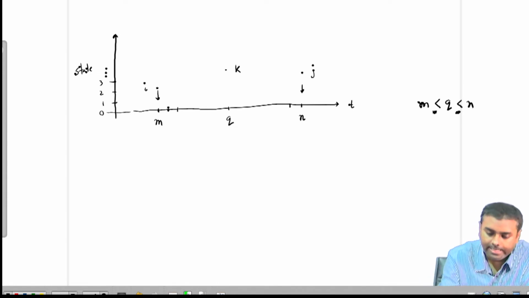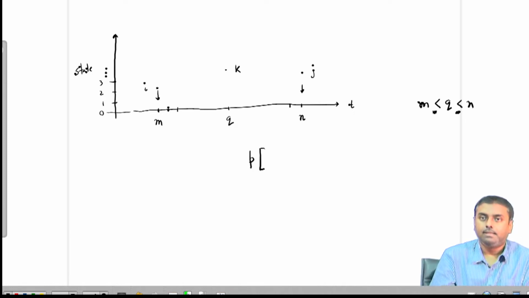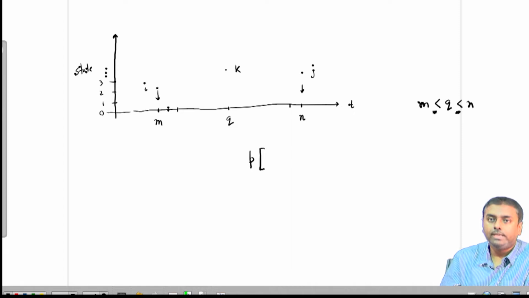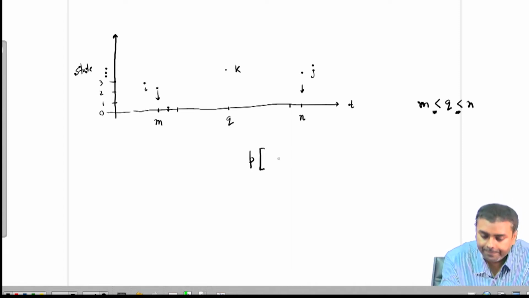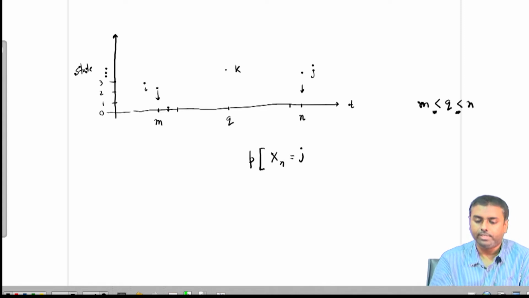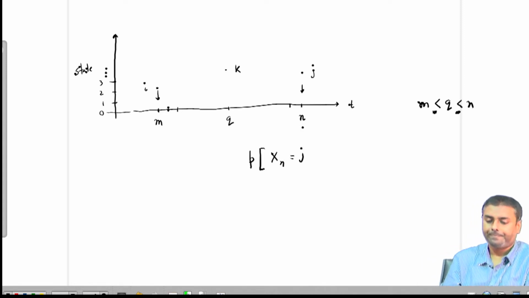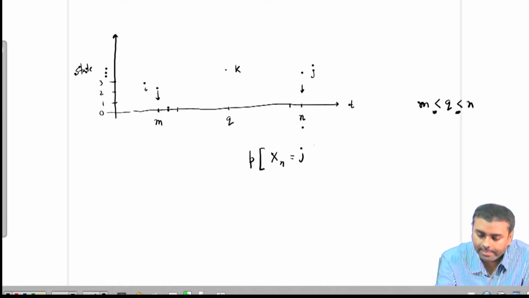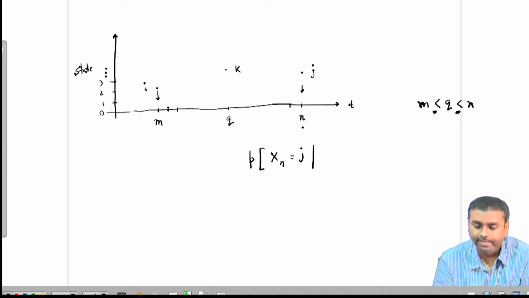So, basically it says that the probability, let us say I am trying to calculate this event, that X_n equals j. This is the future event n, given the past events.